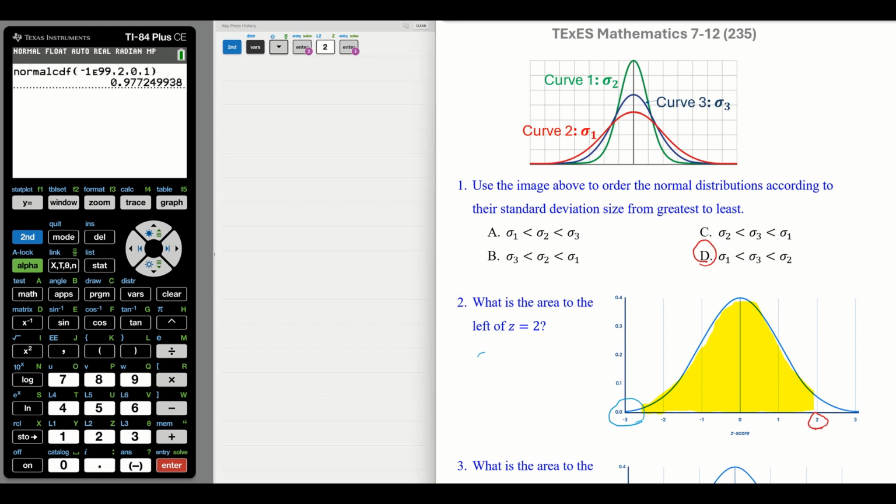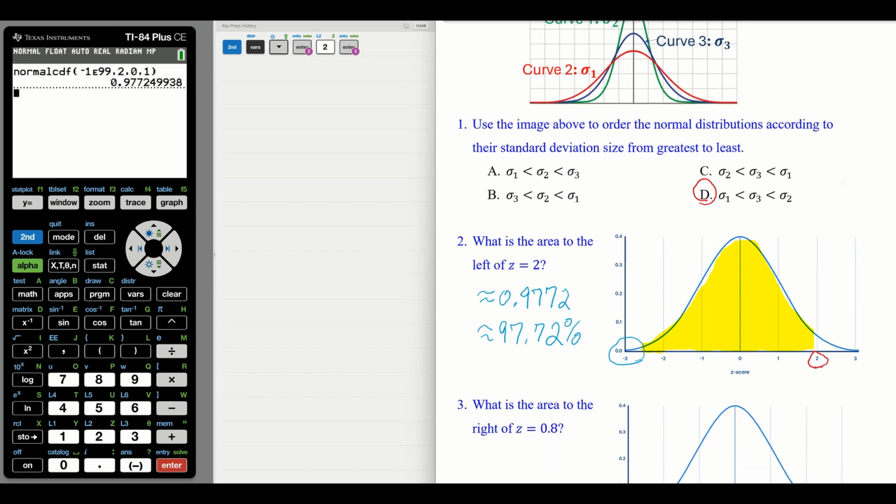This is almost equal to 0.9772, or we can say 97.72%.